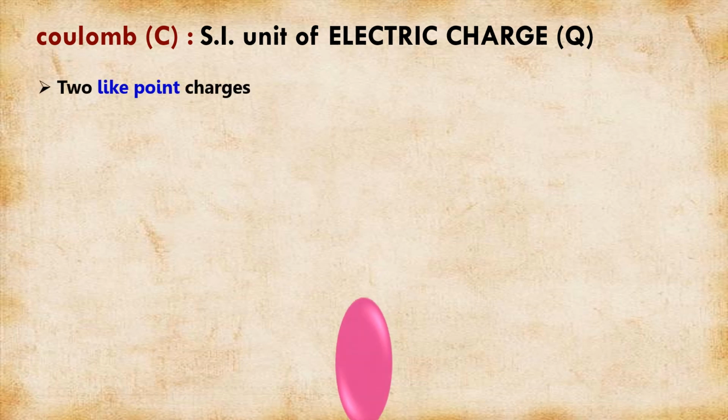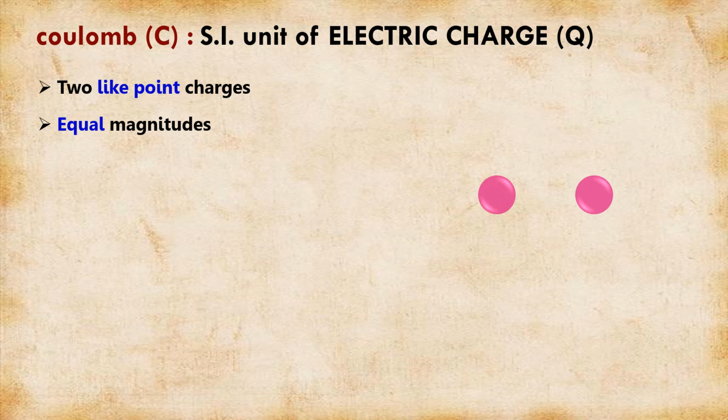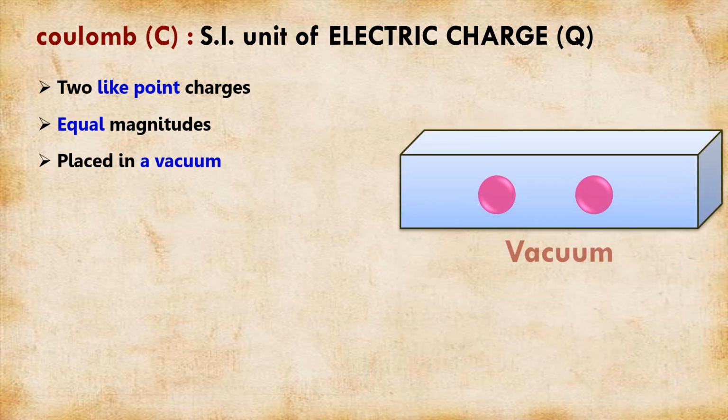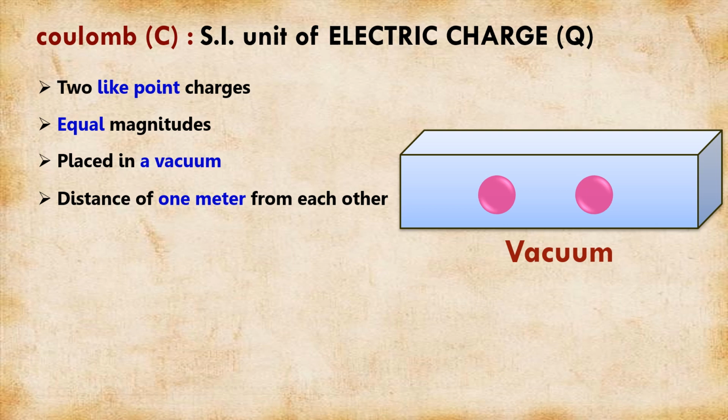Two like point charges, positive and positive suppose, or negative and negative, of equal magnitudes, 1 and 1, placed in a vacuum at a distance of 1 meter from each other, repel each other.